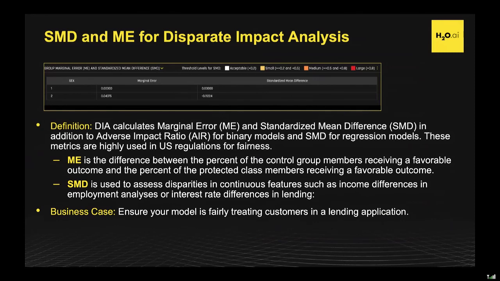These types of things are really important, and there's obviously a next step of asking what features are highly correlated with those protected features.